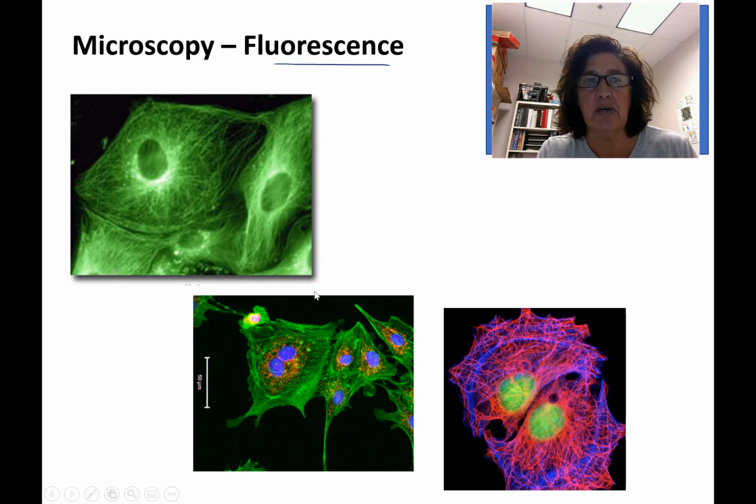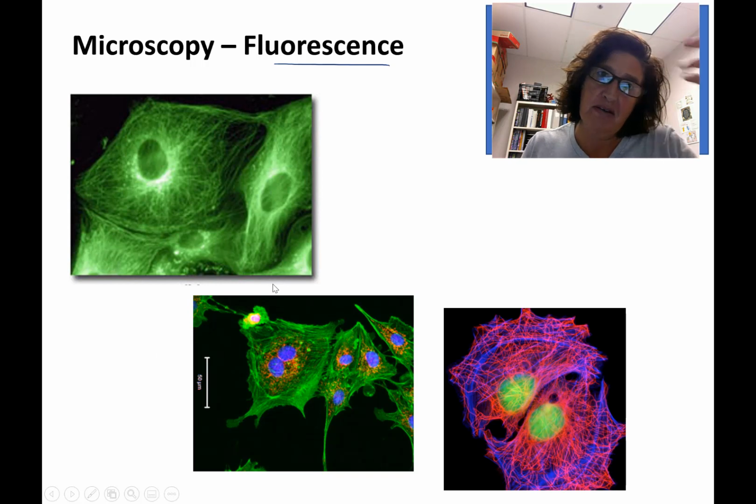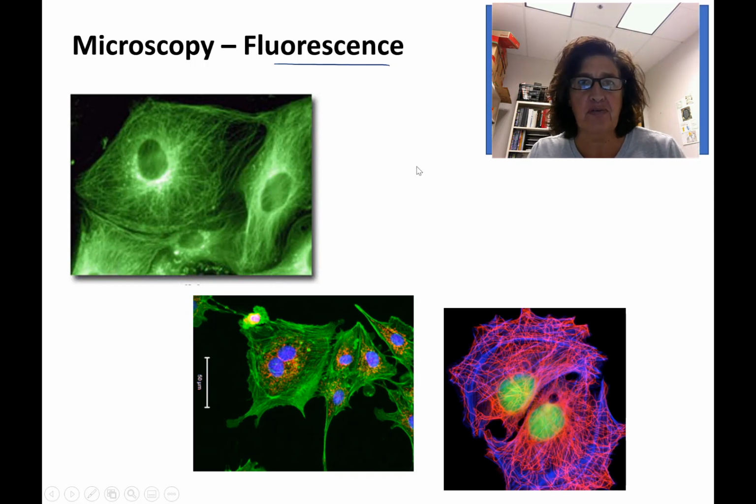To stain them, we have to kill them, unless they have GFP, and now I'm making things more complicated. But I just wanted to tell you, if you see these types of images, this is fluorescence, with another special type of microscope, and if you take cell biology with me, you'll learn more about fluorescence.